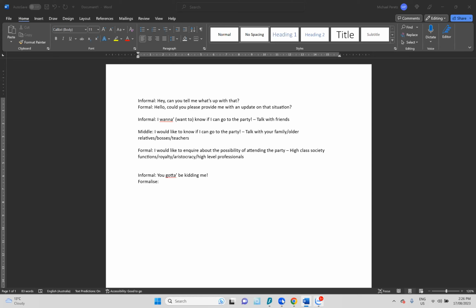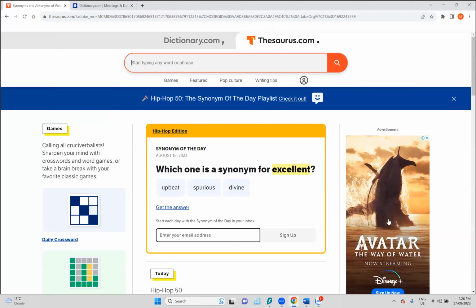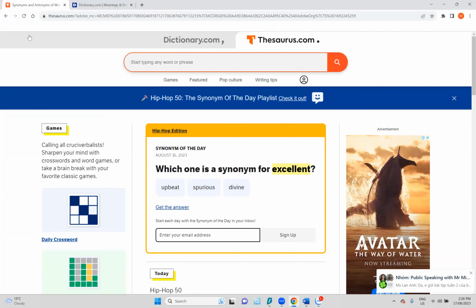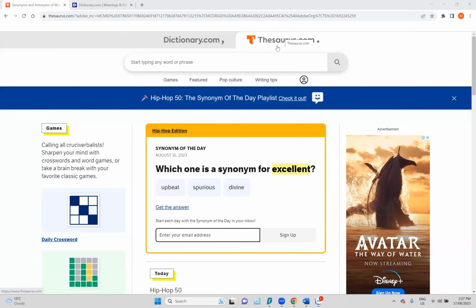And something else that is important to note about very formal English is that when you're looking up words in a thesaurus, it's very, very handy to then also check the definitions of those words in a dictionary.